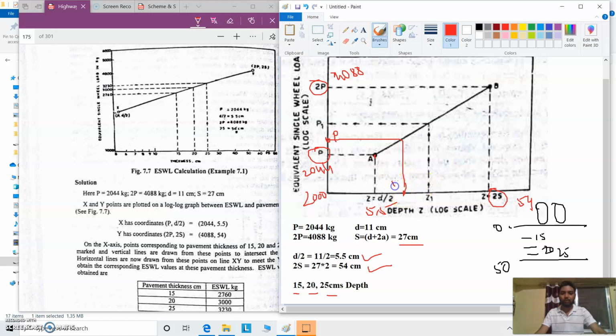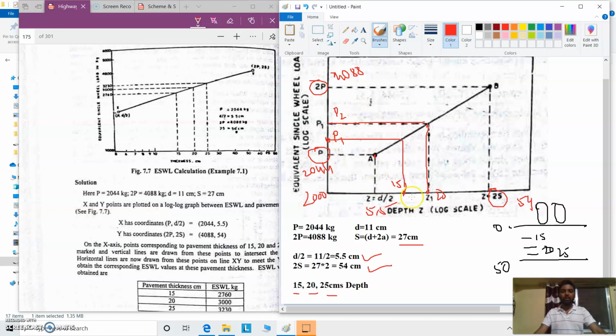And after 15 centimeters, you can go for 20 centimeters. For 20 centimeters, you have to erect this line to cut the coordinate line, and then that will be erected to the y-axis, and you will get another P. Let's consider P1 and P2.